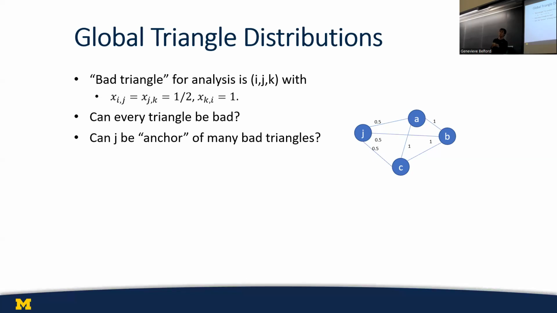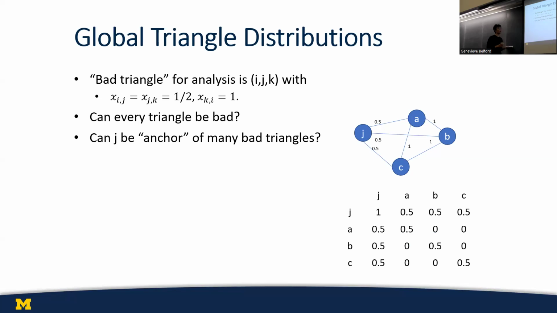A, B, and C are always separated, but somehow J has to be with A with probability half, with B with probability half, and with C with probability half. I see some faces that think it's nonsense, and it doesn't make sense: how come J is with A with probability half, B with probability half, and C with probability half? If it were 1/3, 1/3, 1/3, then I'd get it, but 1/2, 1/2, 1/2 doesn't make sense.